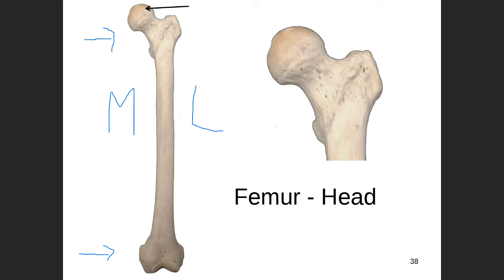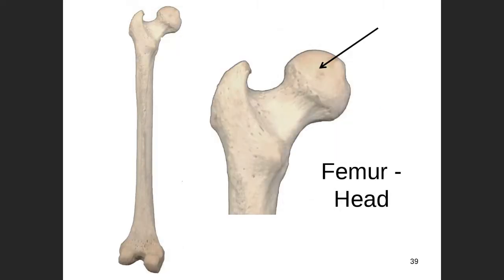Partially because you can't really see it, but the patellar surface is right over here. It's that smooth area there. But how I also know that this is the anterior view is because I cannot see the condyles very well. Now, if I flip the bone over, you can see the condyles down here at the distal epiphysis.